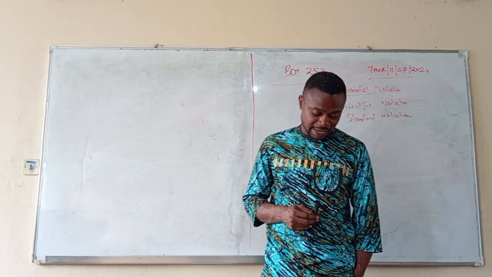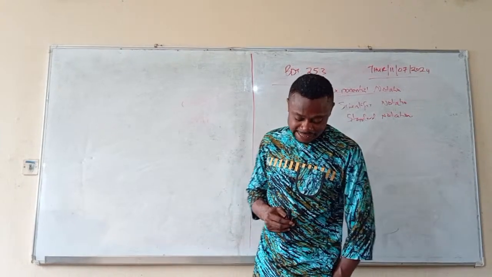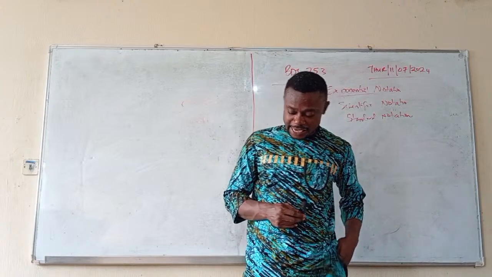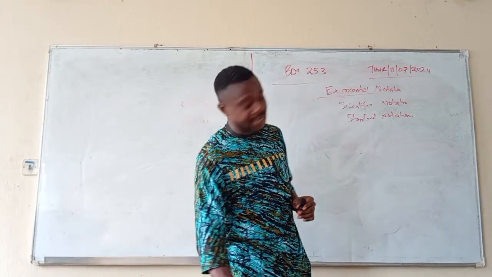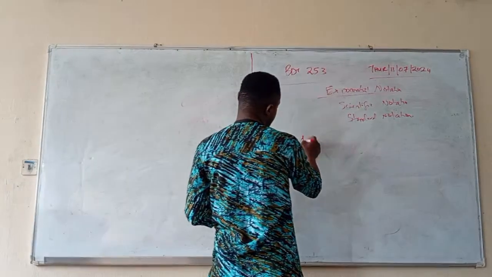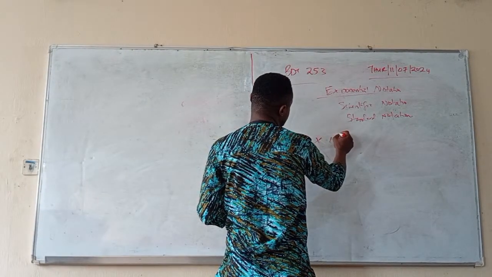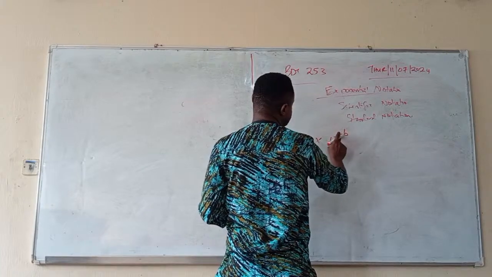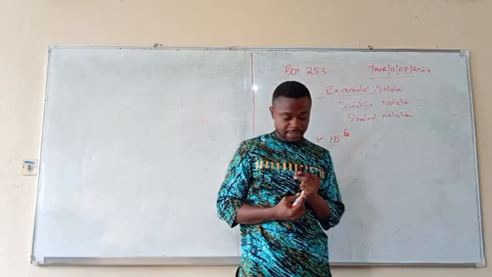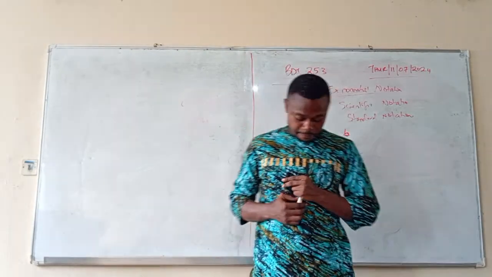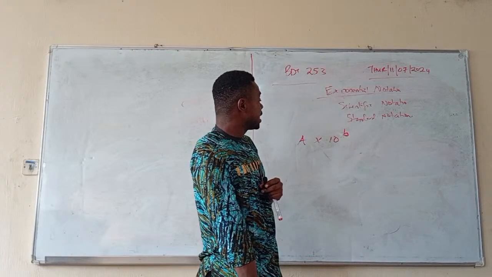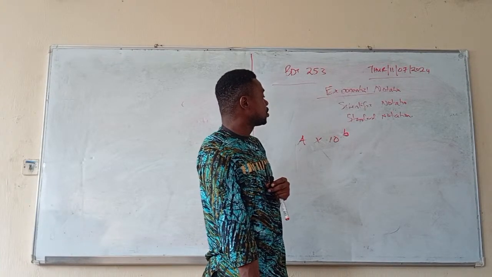One thing I want you to understand is that if you see a number in the form A times 10 to the power B, such a number is said to be in standard exponential notation, or what have you.